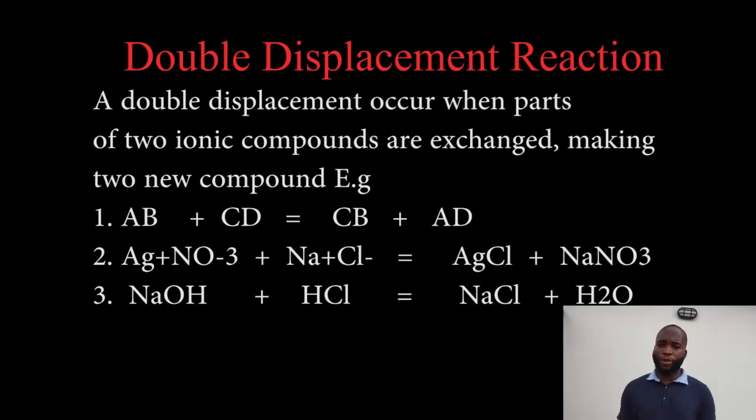They are normally formed by exchange of radicals. So when such compounds are given to you, all you need to do is write the charge on those substances. You match the one that has a positive charge to the one that has a negative charge, which means unlike charges attract. That's how you write a double displacement reaction in chemistry.